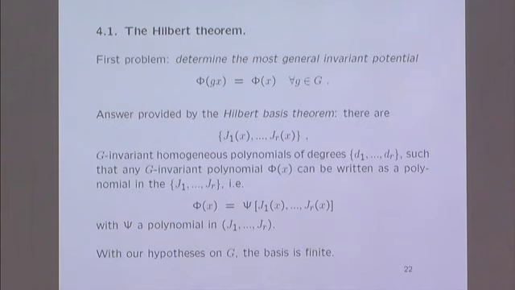If I look at the most general invariant polynomial, then there is a basis of polynomials, and all the G-invariant polynomials of any degree can be expressed as polynomials in this basis, which are homogeneous of some degrees. So the most general invariant polynomial in the X can be expressed as a polynomial in the J1 to JR. And with the hypothesis I made before, the basis is a finite basis.